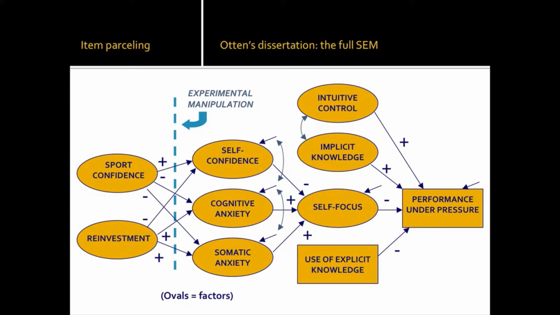From left to right, the things on the left were the things that came first, hypothetically, by the hypothesis, and that was sport confidence and reinvestment of attention, which was like how much you tend to ruminate, how much you tend to think too much. That's reinvesting attention in what you're doing, in this case, sport performance.